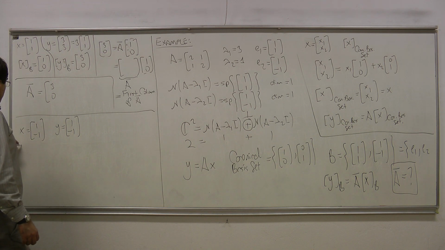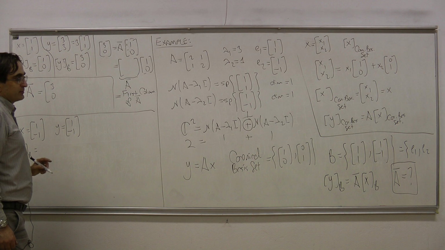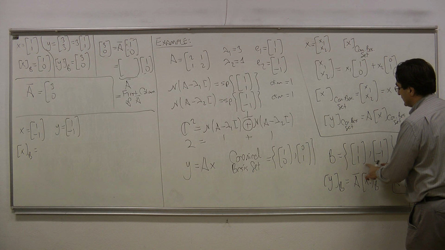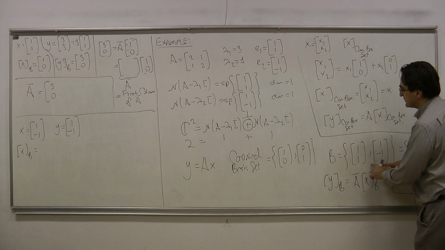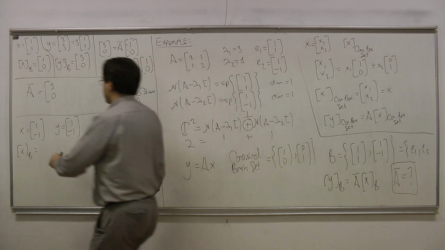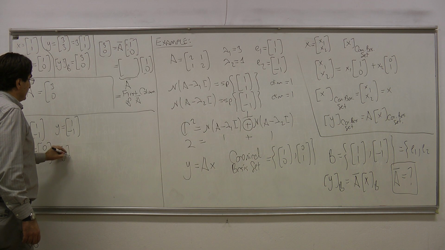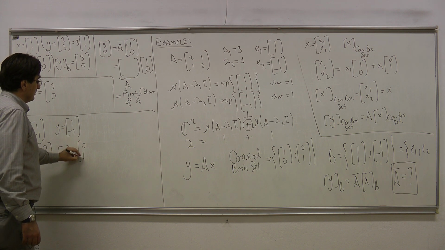So now let us write representations. x with respect to b. This is my second basis vector. So when I try to express that x as a linear combination of these two vectors, the coefficients would be 0 and 1. And y represented with respect to b should be the same.